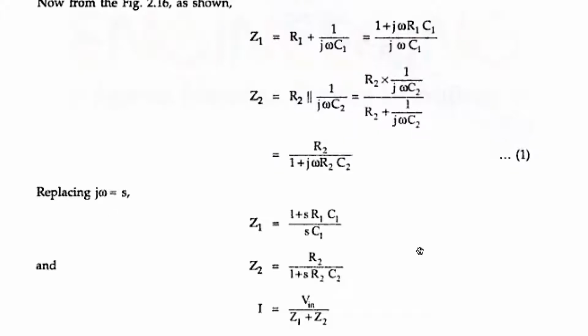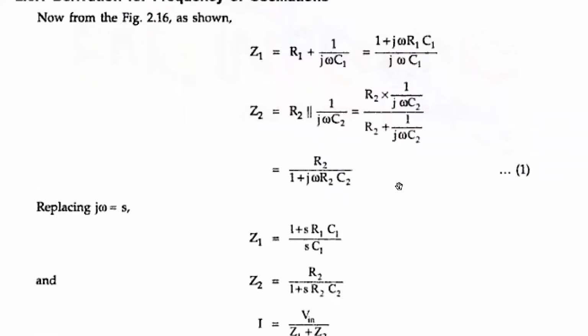So in place of j omega we write S. Z1 is 1 plus S R1 C1 by S C1. Likewise Z2 is R2 by 1 plus S R2 C2.